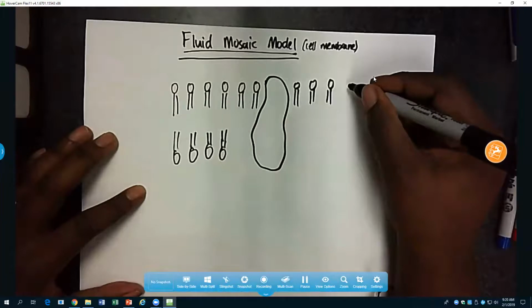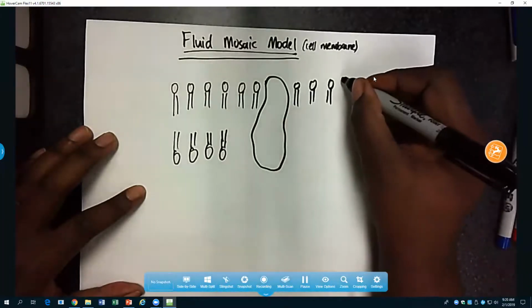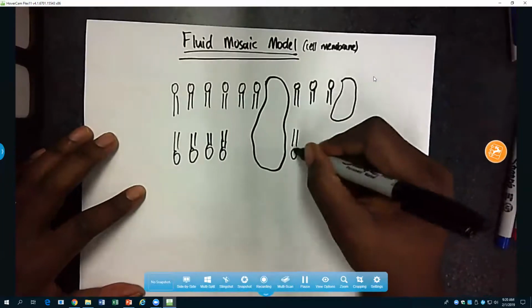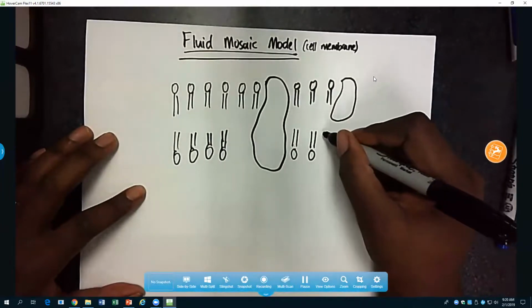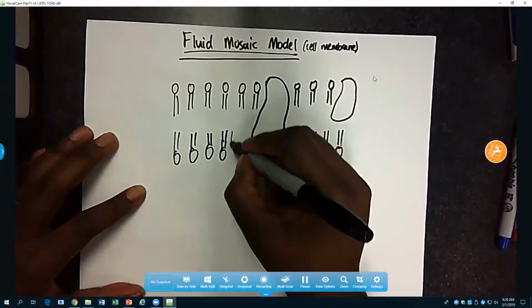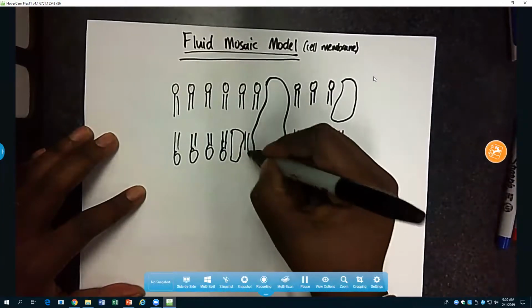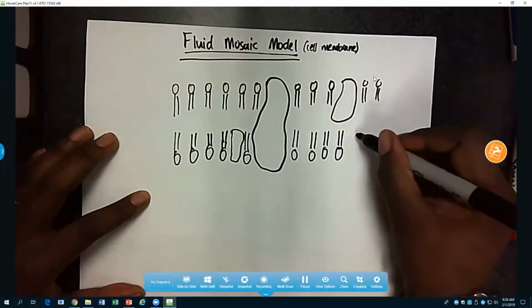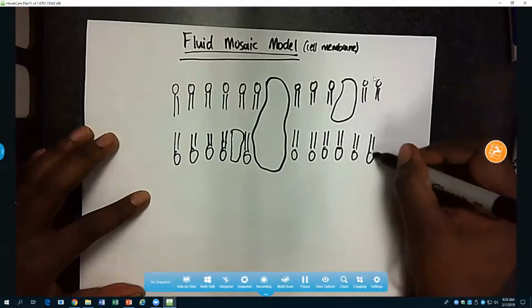Let's draw another protein here. So what we're drawing here is the phospholipid bilayer to start. And then we have some other interesting components that are in between the phospholipid bilayer here.